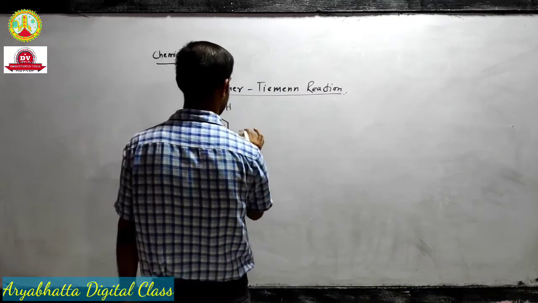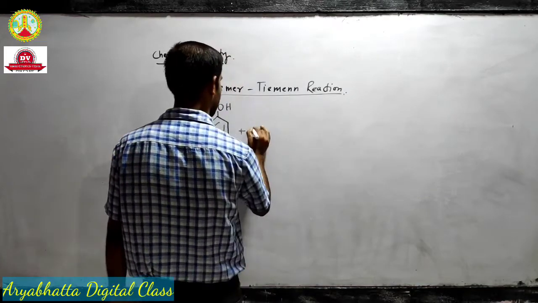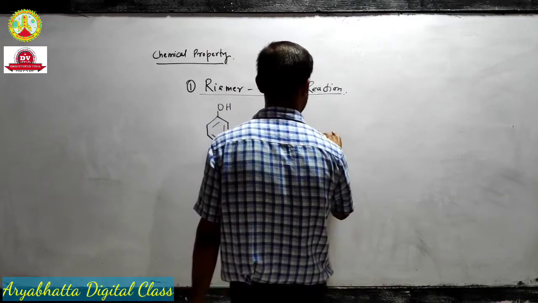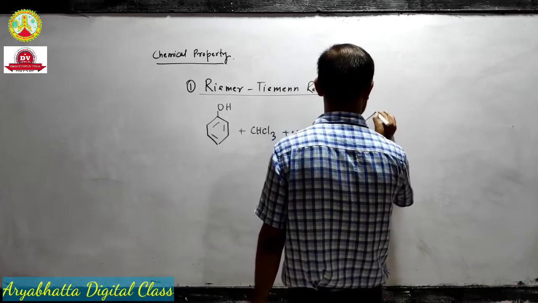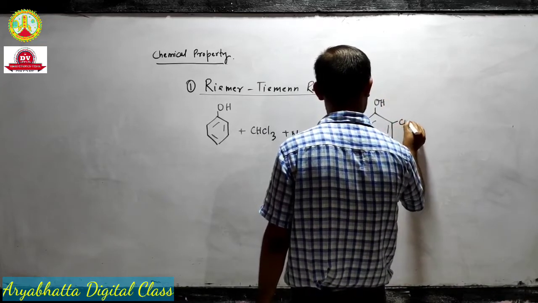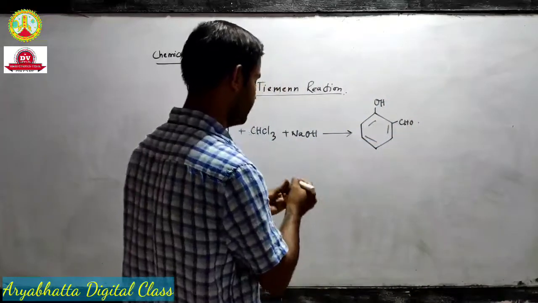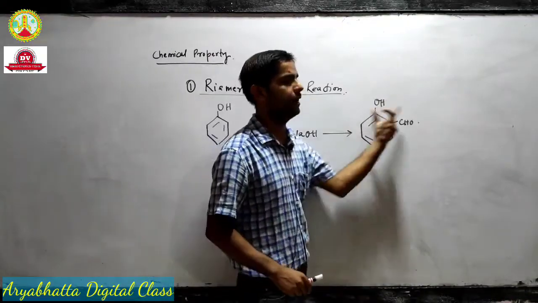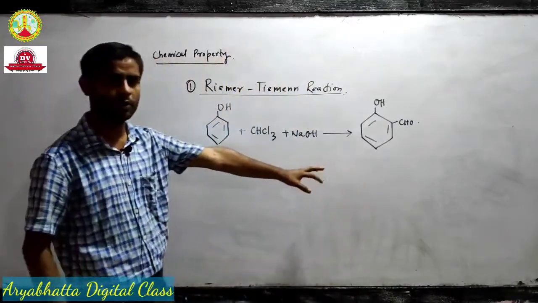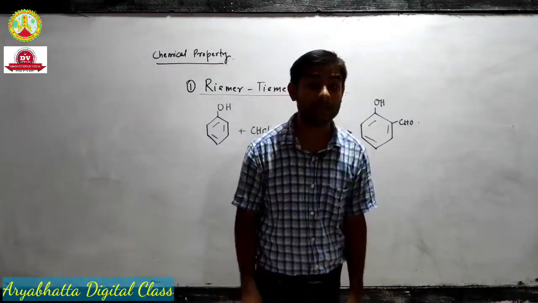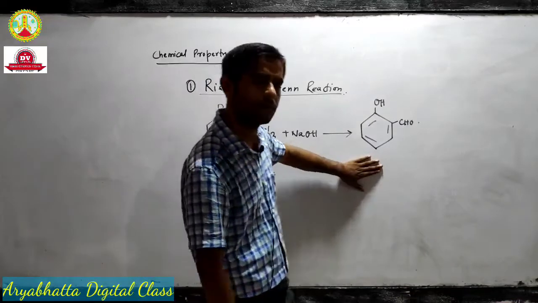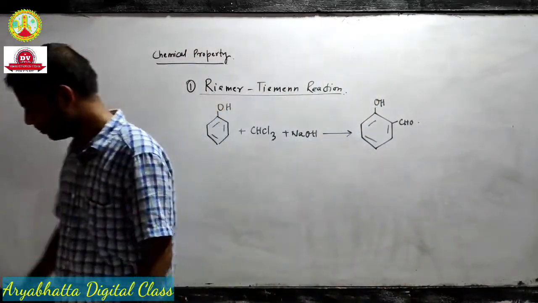Phenol reacts with chloroform and sodium hydroxide, and it produces salicylaldehyde, and this salicylaldehyde can be used to prepare acetyl salicylic acid. Okay, acetyl salicylic acid, and acetyl salicylic acid was what? Aspirin. Okay, so it is used in the preparation of aspirin. Okay, so this is the Reimer-Tiemann reaction.